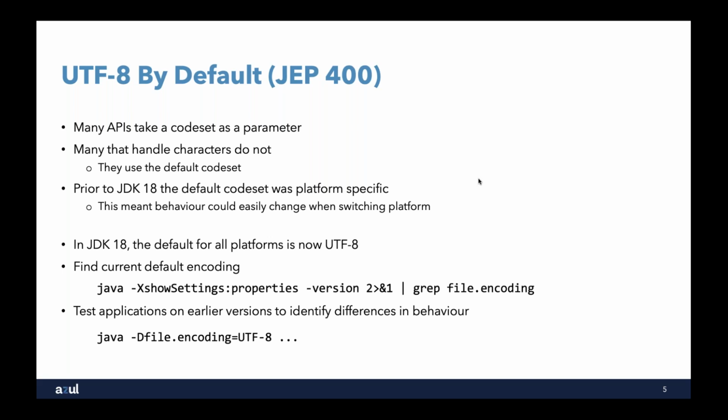So let's say you're using ISO 8859-1, that's a Western European code set, then you could set that explicitly as the default encoding, -Dfile.encoding=ISO-8859-1, and then your application will work in the same way that it did before. So this is one of those things that you look at initially and think, oh, okay, that's just a minor change, but it could potentially have issues in terms of backwards compatibility because of this behavior change in terms of code sets.